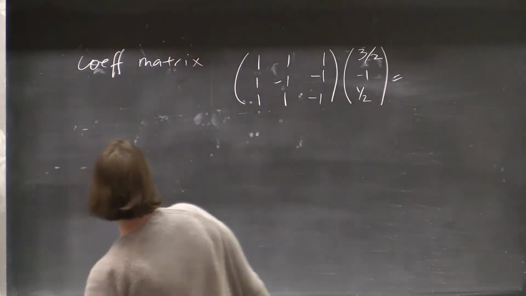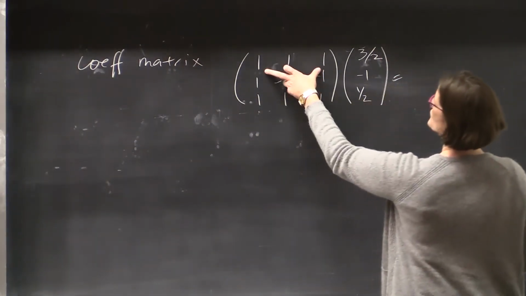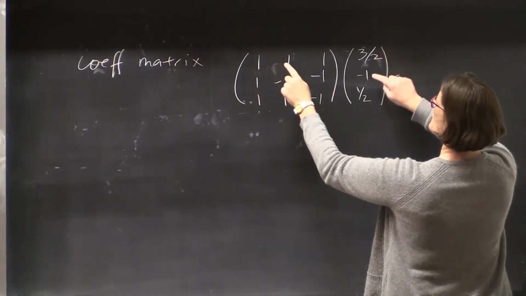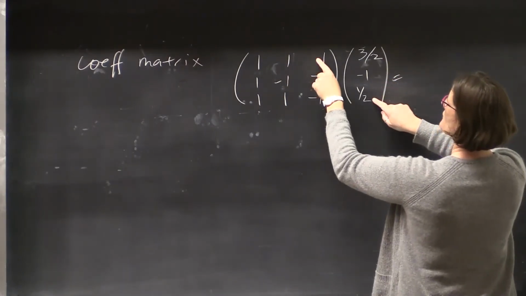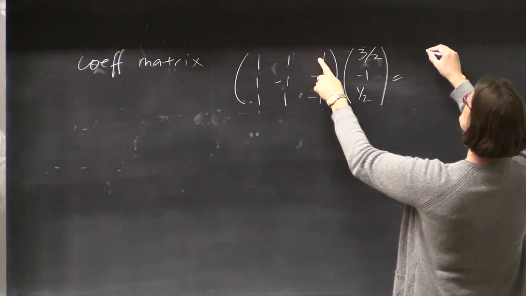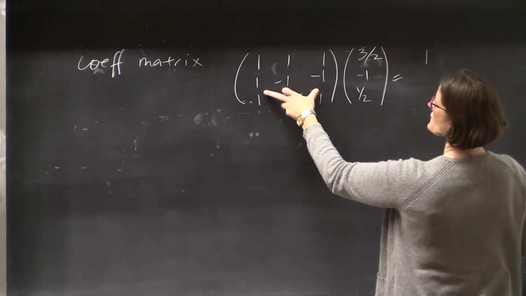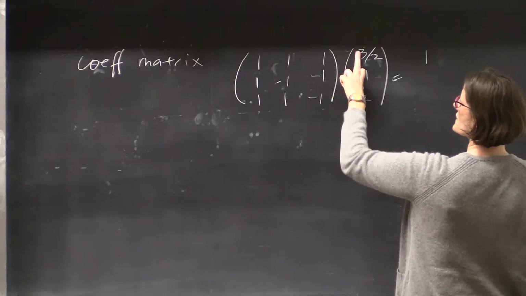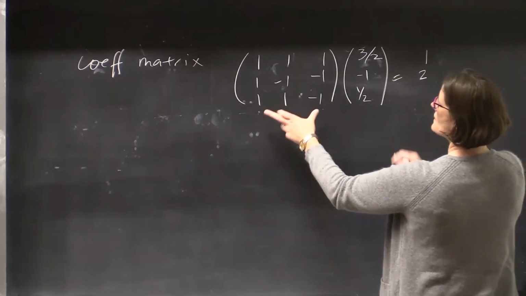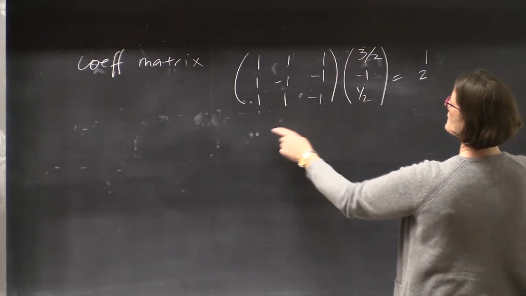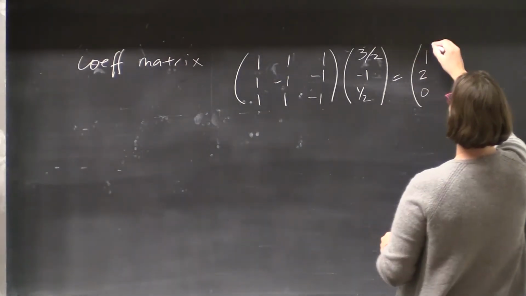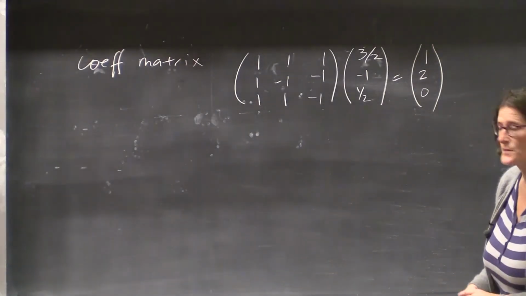We could have taken the dot product of the first row with this, and this would have given us 3 halves minus 1 plus a half, which is 1. The dot product of the second row with this would be 3 halves plus 1 minus a half, which is 2. The dot product of the third row with this is 3 halves minus 1 minus a half, which is 0. This is an example of matrix multiplication.